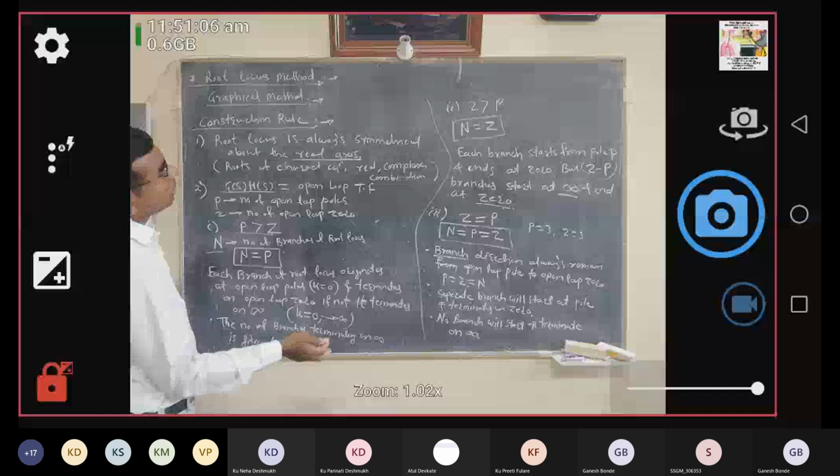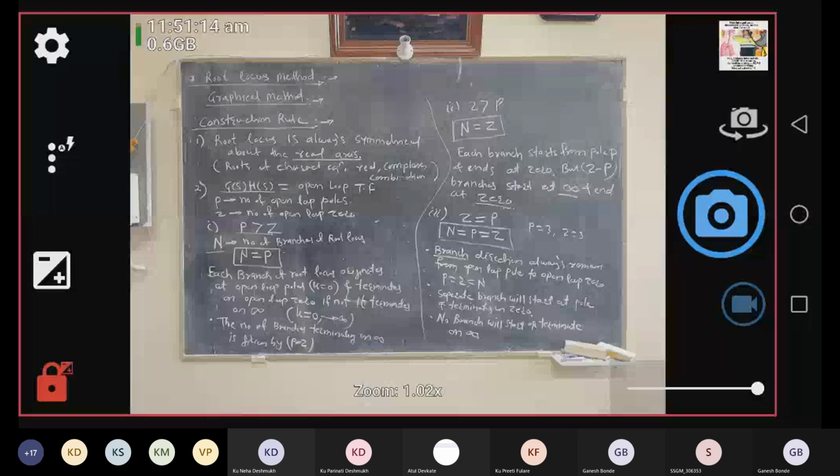That information we can obtain from these three conditions. So this is your step number 1, 2. Then we go for the next step. So please note this down.